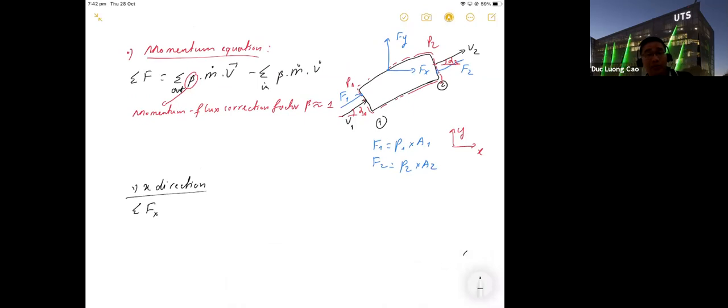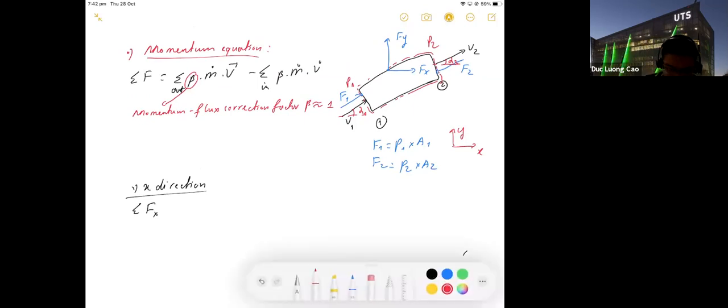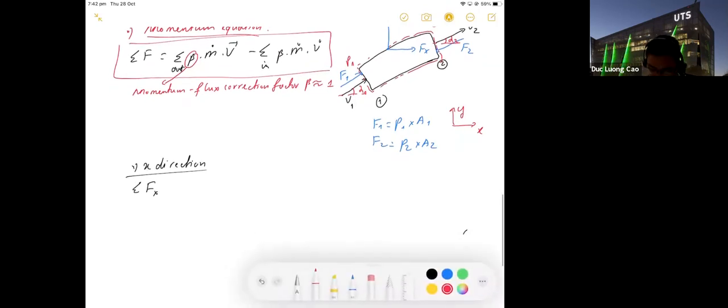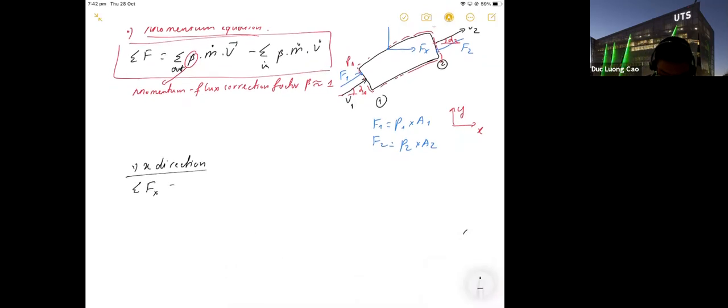Out minus in, this one is the equation. So in x direction, you will have sigma out beta m vx out minus sigma in beta m vx in.